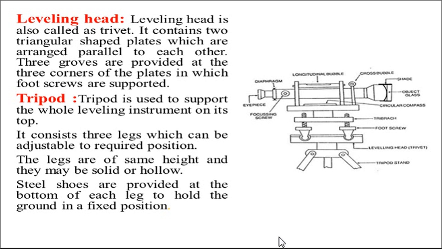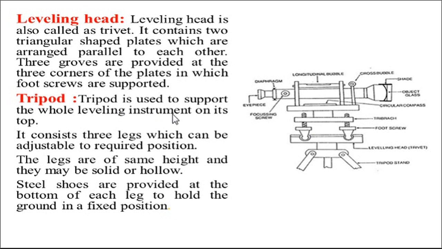So see, one triangular plate, in a similar fashion another triangular plate is there, and in that triangular plate there will be a groove, and in that groove the foot screws are fixed, and with the help of these foot screws we can level the instrument.